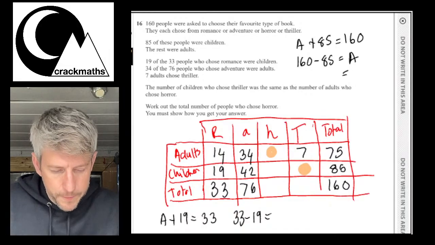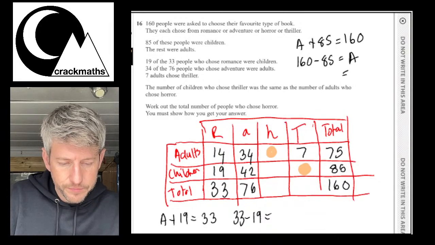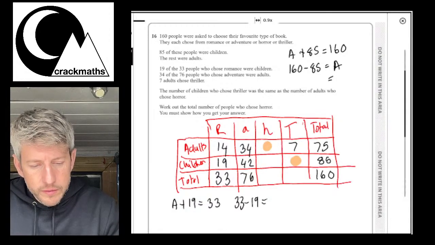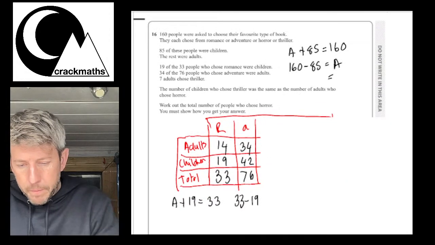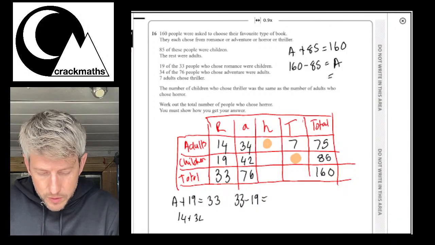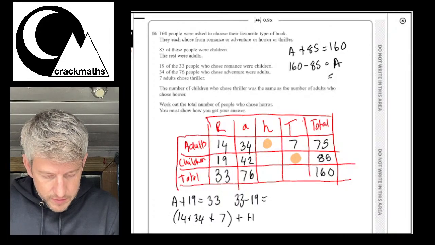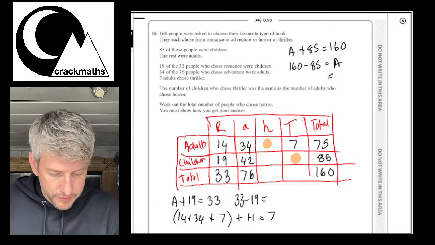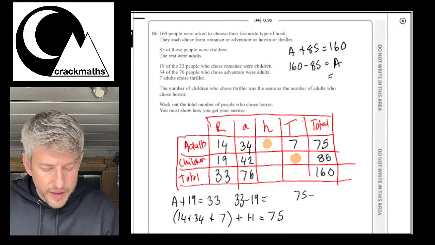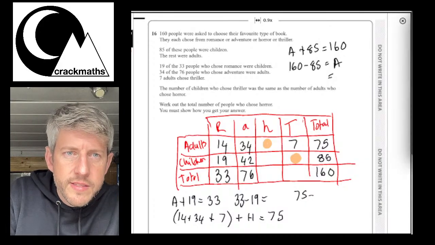So in order to work out horror, I know that 14 plus 34 plus 7 plus horror equals 75. So therefore 75 take away all of this will equal horror. So let me find out what all of this is.